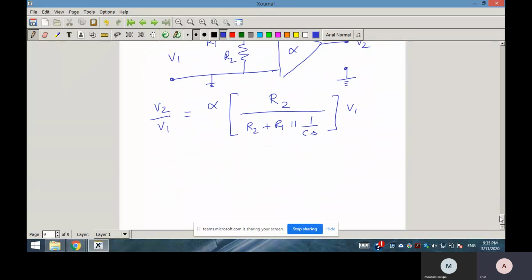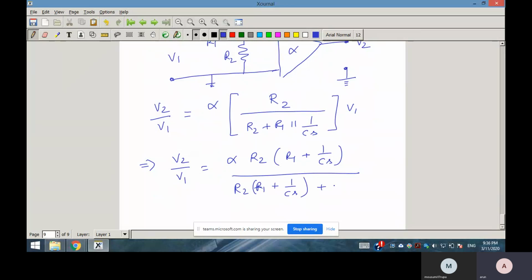If you simplify this, V2 by V1 is equal to alpha into R2 into R1 plus 1 by CS, divided by, I will simplify it, R2 into R1 plus 1 by CS plus R1 by CS.